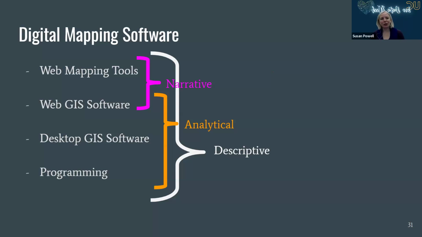And in addition to having overlapping relationships to the narrative, analytical, and descriptive categories, they're also more and more blending between these. So in some of the desktop GIS software, you can do some programming. The web GIS software and the desktop ones are starting to have more relationships between each other, but it's helpful to think about, for me at least, these different broad categories.